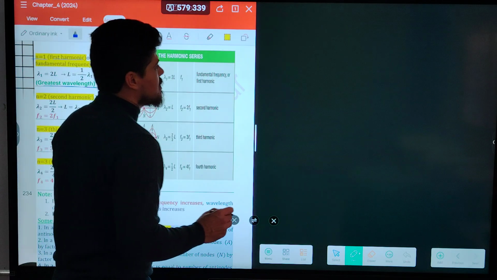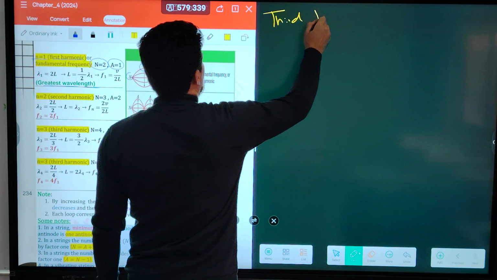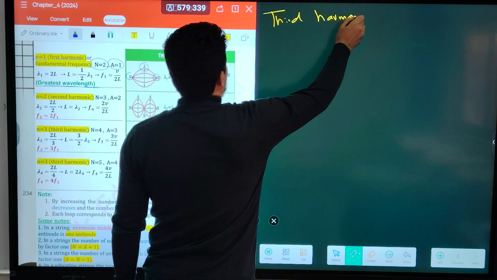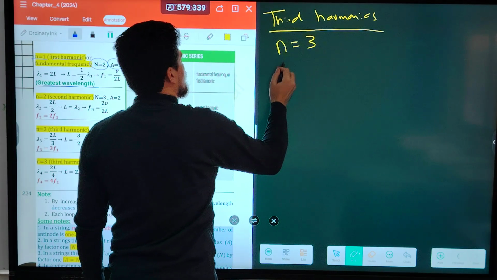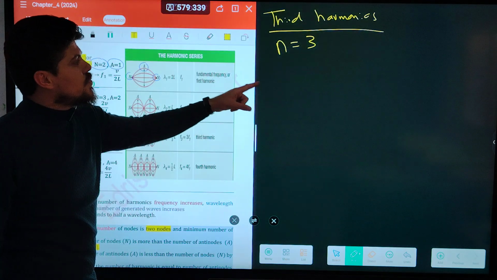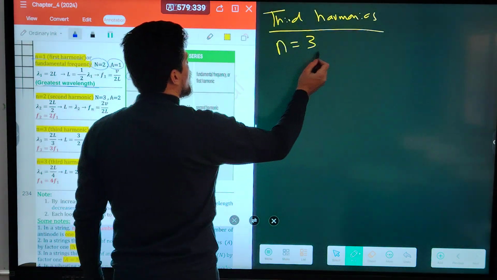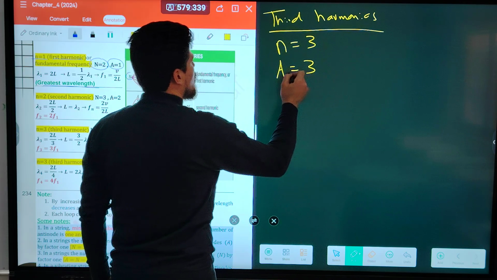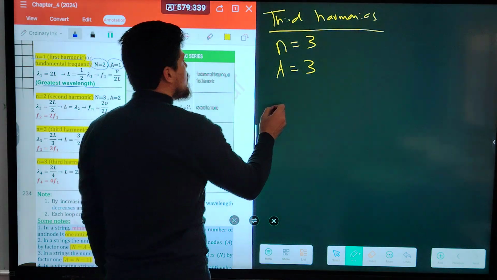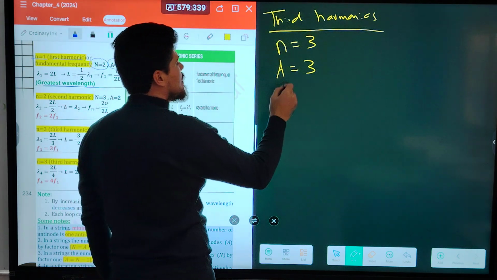The third harmonic, guys. In the third harmonic, number of harmonic 3. In a vibrating string, number of harmonic is equal to number of antinodes. If the number of harmonic is 3, third harmonic, it means that antinodes are also 3. Number of nodes in a vibrating string is bigger than number of antinodes by 1.